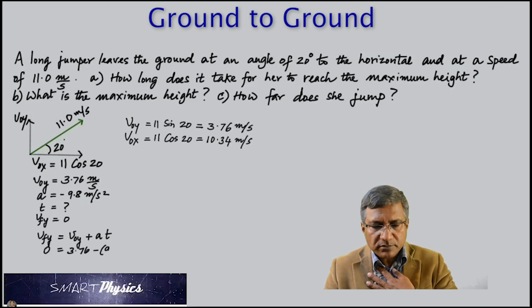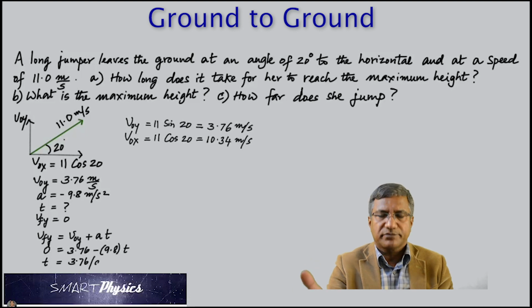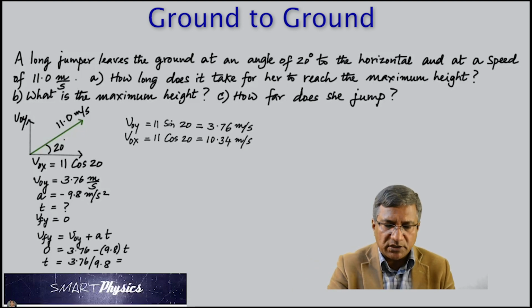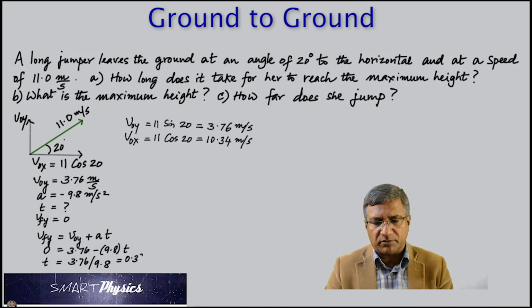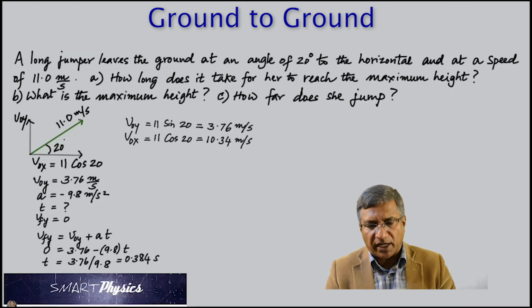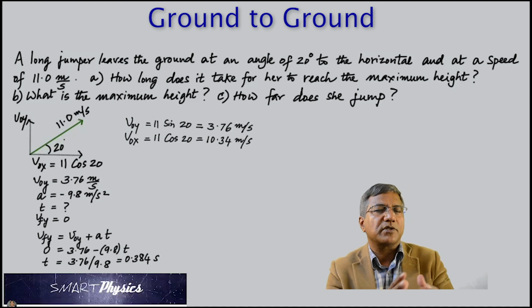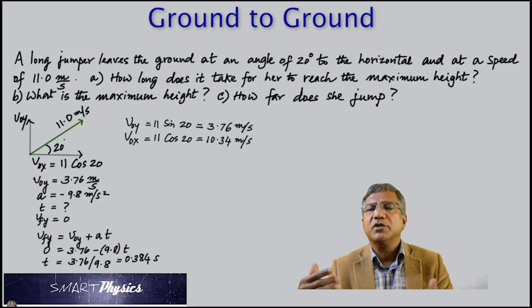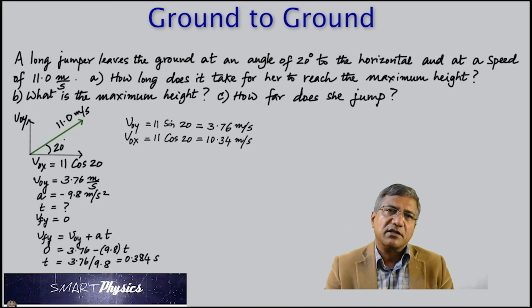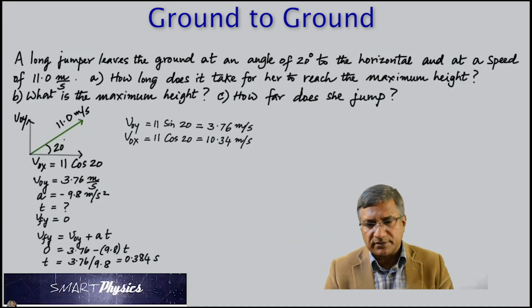So V naught is 3.76, A is negative 9.8, multiplied by T, and you rearrange and calculate, you get time as 0.384 seconds. Hope you take some time to understand that math. So that's the time that she takes. It's a small time, obviously, because it's going from the ground to the maximum height.